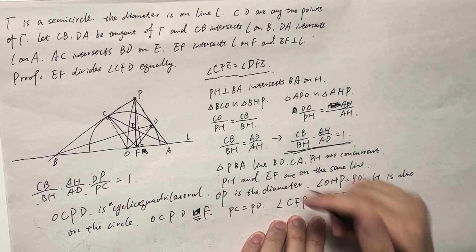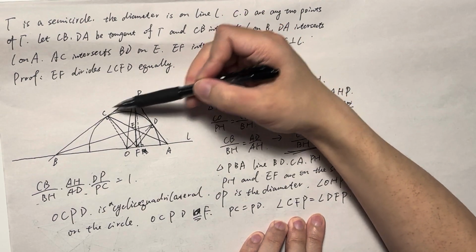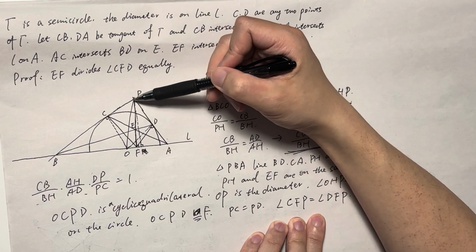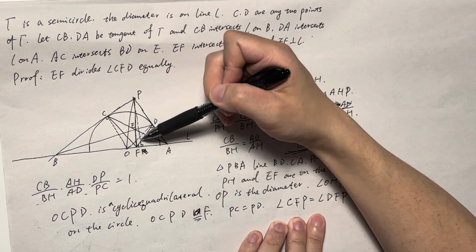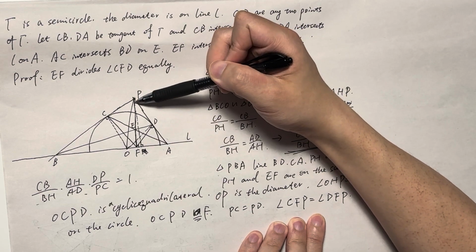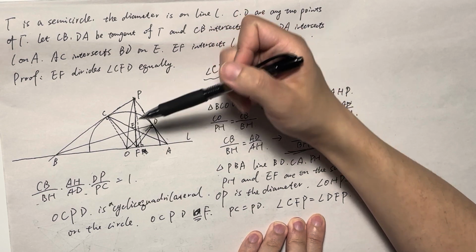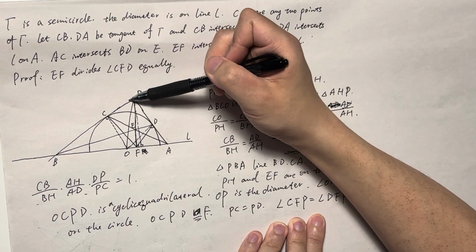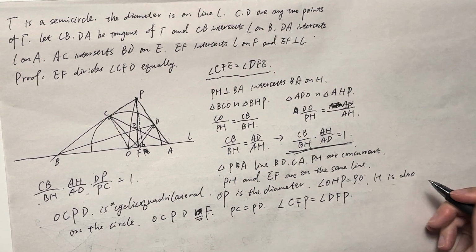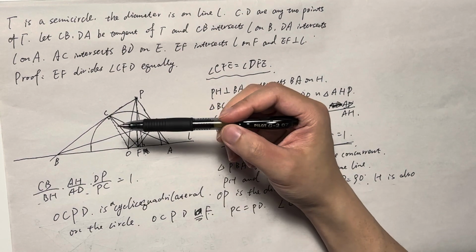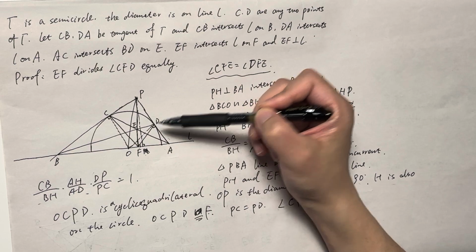Because the chords PD and PC are the same on this circle, the angles subtending them, angle PFD for chord PD and angle PFC for chord PC, are equal. And now we have proved that EF divides angle CFD equally.